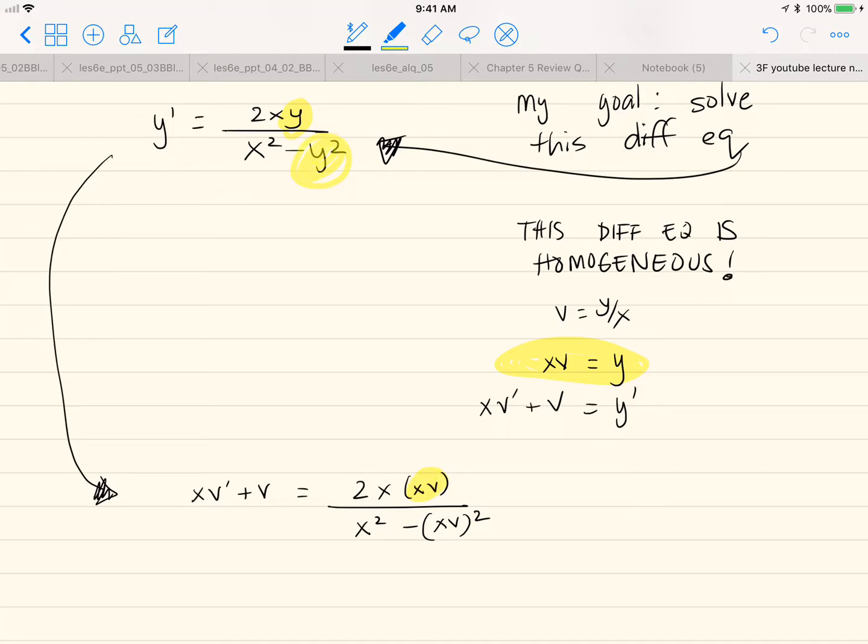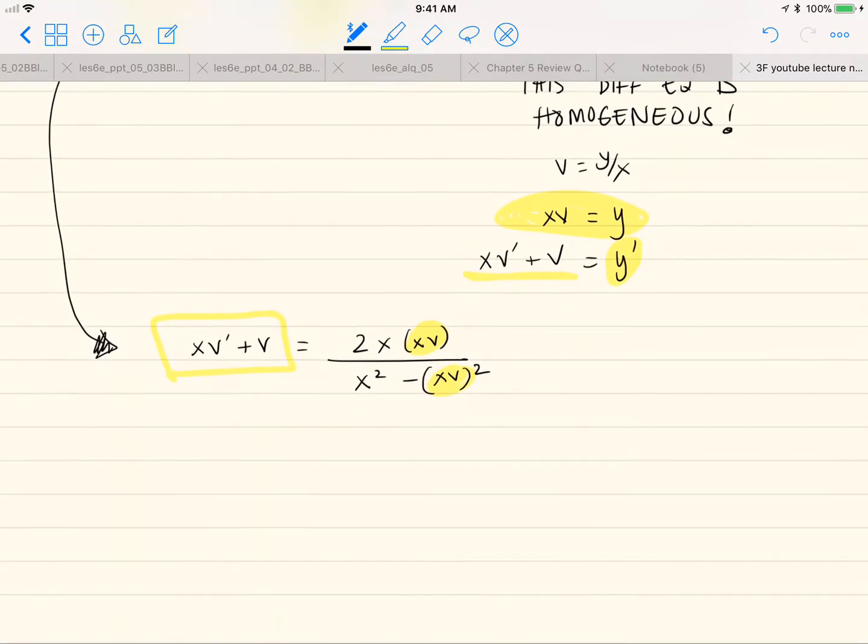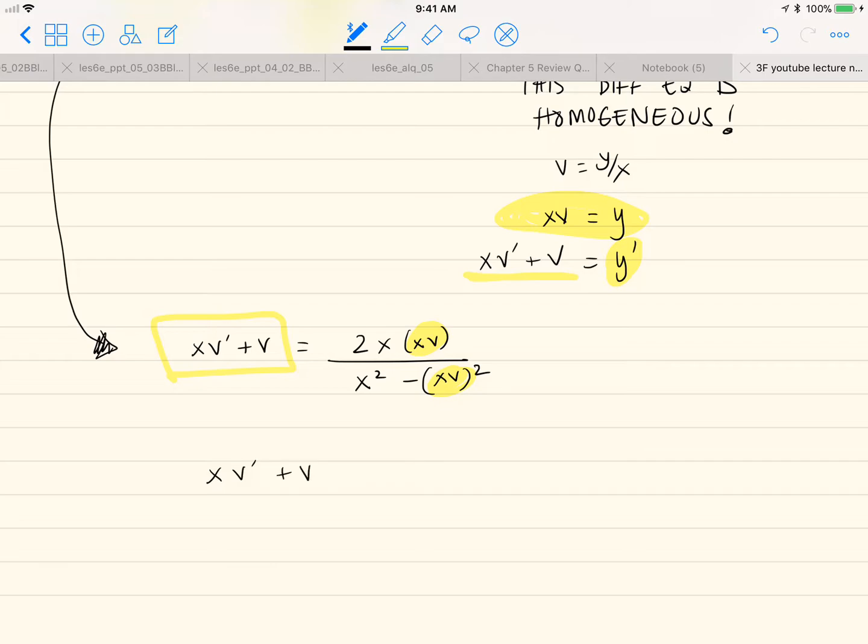Right? Instead of y squared, I have xv quantity squared. And I've replaced y prime with x v prime plus v. Right? So instead of y prime, I've got x v prime plus v. This is my new differential equation with my substitution. So x v prime plus v equals 2x squared v divided by x squared minus x squared v squared.